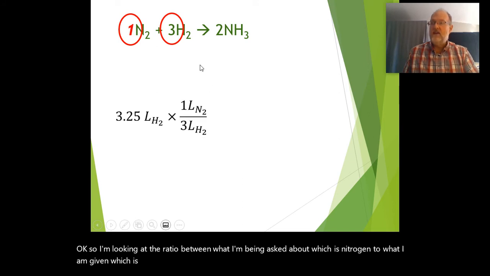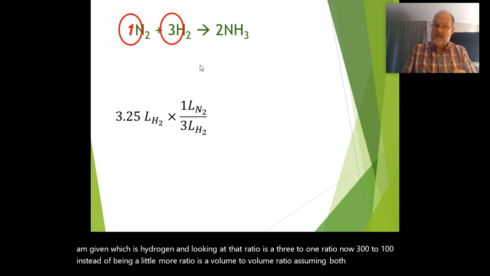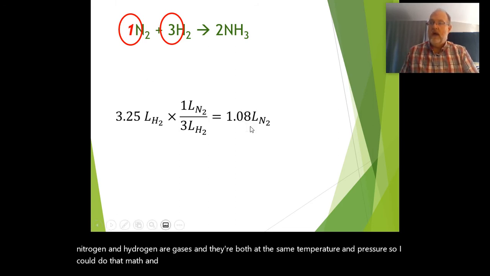And I'm looking at that ratio, so it's a 3-to-1 ratio. Now the 3-to-1, instead of being a mole-to-mole ratio, is a volume-to-volume ratio, assuming both components, the nitrogen and hydrogen, are gases, and they are both at the same temperature and pressure. So I can do that math and find out that I have 1.08 liters of nitrogen.